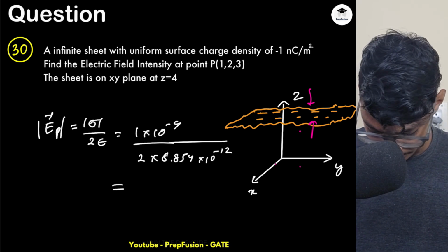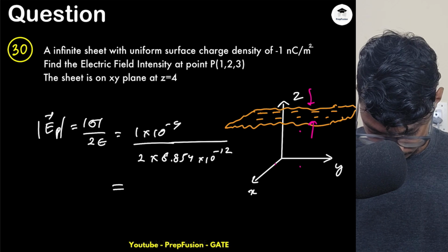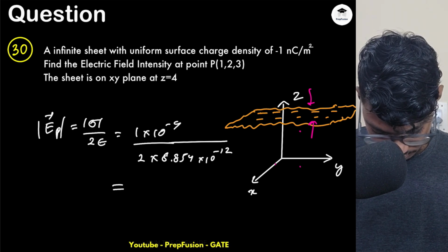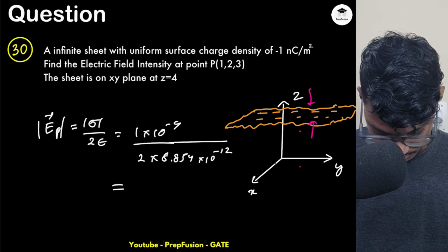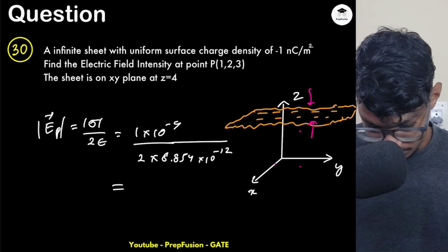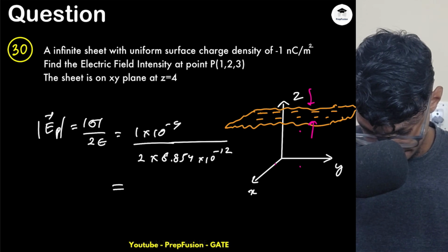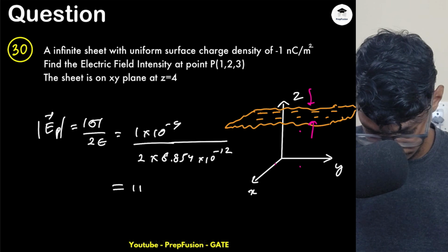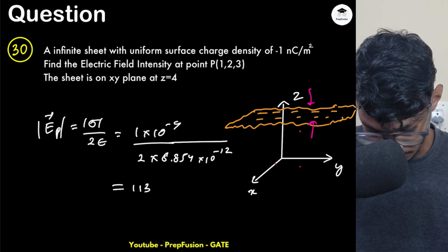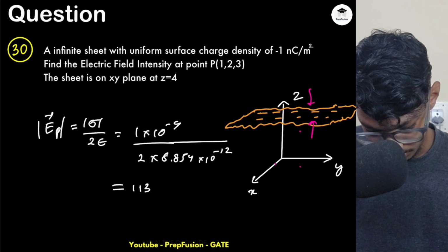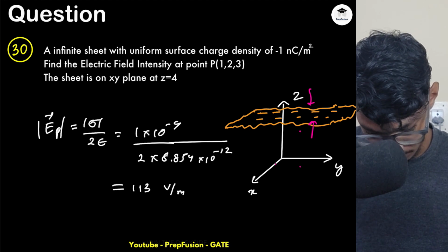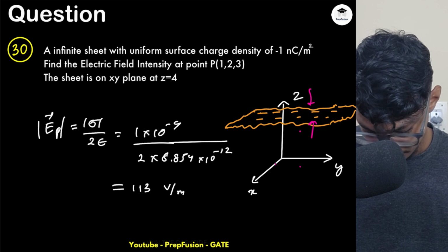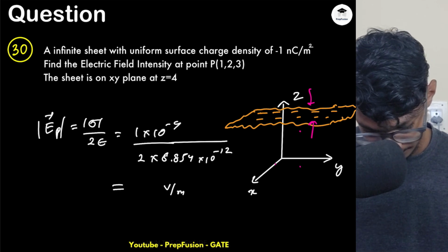I will still measure in front of you. 113 volt per meter. Okay, by 2 is also there. Sorry, I forgot, by 2 is also there. 56.5.